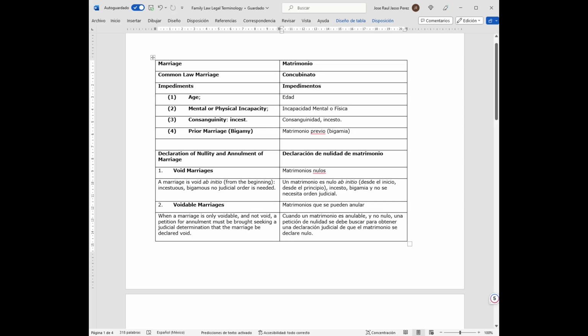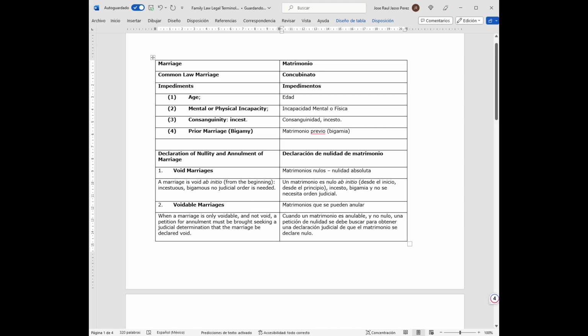So there's a difference between void marriages and voidable marriages. If you would like to get more technical on this, in Spanish there would be a conceptual difference, legally speaking, depending on the jurisdiction. But in Spanish-speaking jurisdictions, we would call void marriages those marriages that have what's called nulidad absoluta.